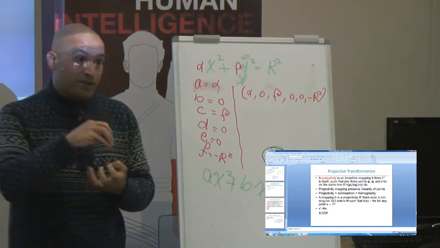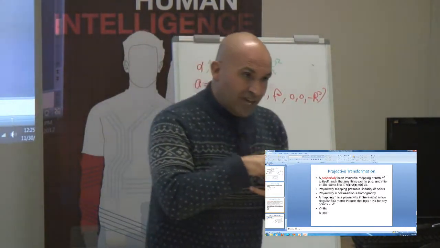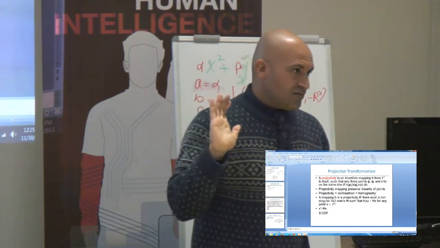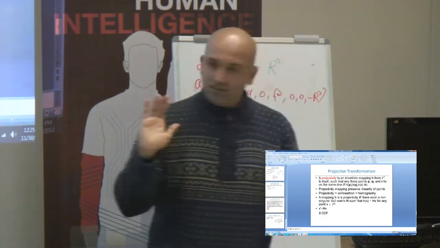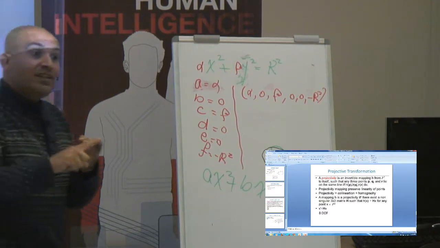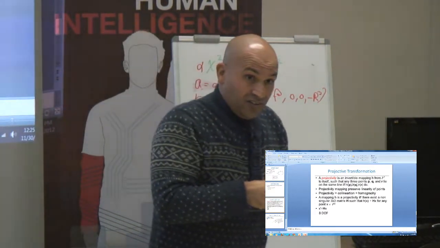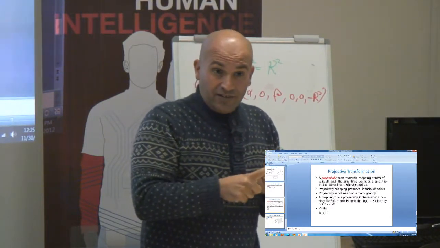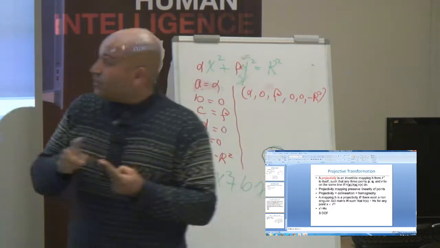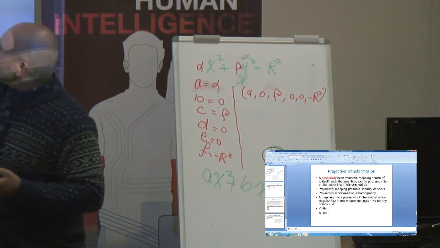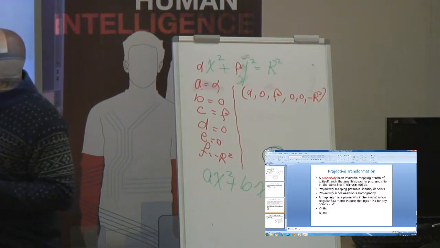If we can represent this mapping H as a 3 by 3 matrix, then it's a projectivity if and only if there exists a non-singular matrix, which means its inverse exists and it's full rank. This is what non-singular means.